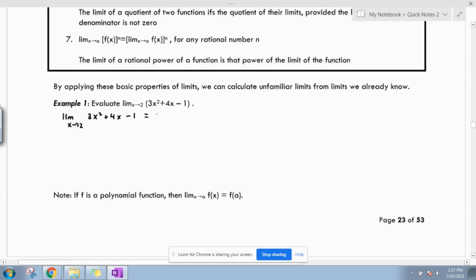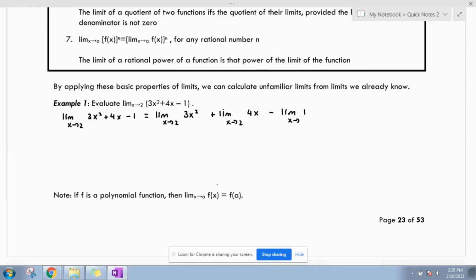Remember, the limit properties allow me to break up the addition of functions. So technically I could break it off so it's the limit as x approaches 2 of 3x squared, plus the limit as x approaches 2 of 4x, minus the limit as x approaches 2 of 1. I kept the subtraction sign in the front there.